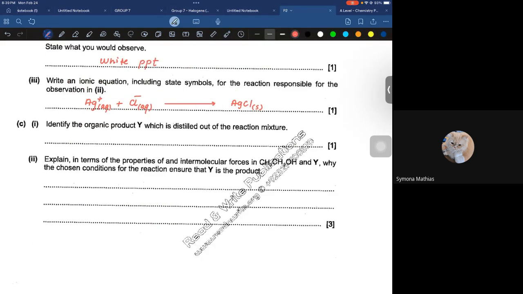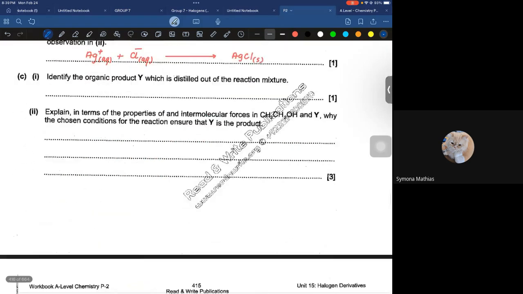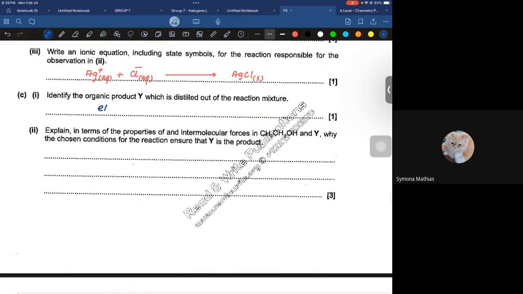So I would say that this would be your ethanol, which is aldehyde. Explain in terms of the properties of intermolecular forces in CH3CH2OH and Y why the chosen conditions for the reaction ensure that Y is the product.